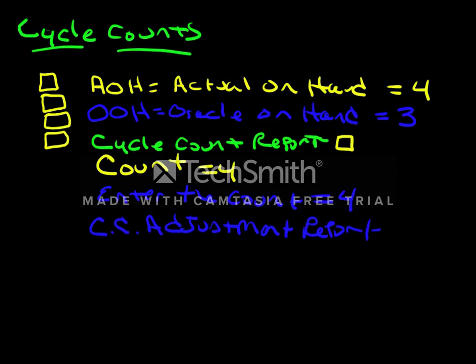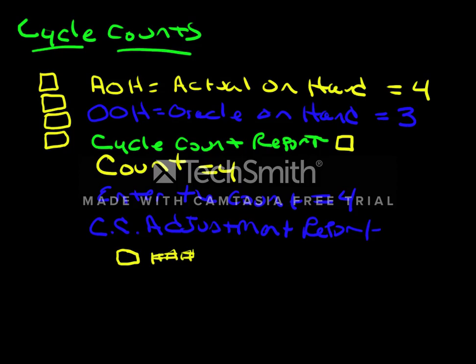Okay, and we take the cycle count adjustment report and we run it. We print it out, and what the cycle count adjustment report would show us is that for the yellow square parts, which have a certain part number, we're going to add 1, right?